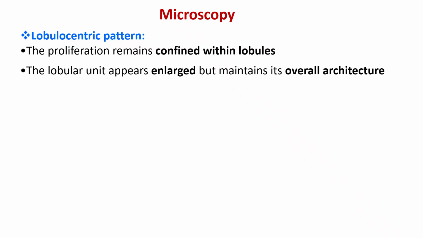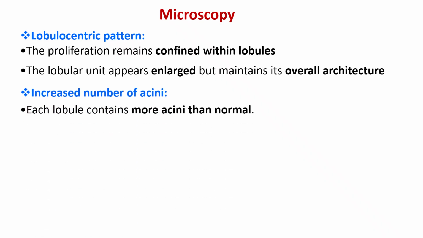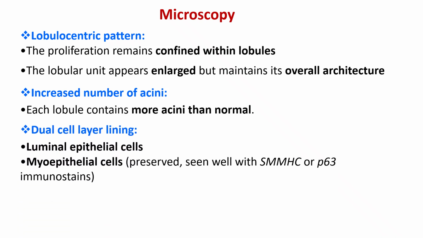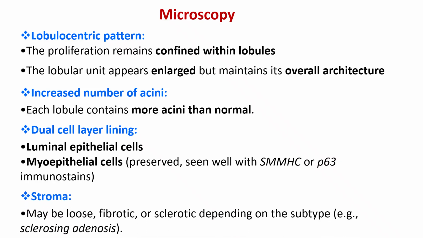That means the proliferation remains confined within the lobules and the lobular unit appears enlarged and it maintains its overall architecture, and there is increased number of acini, because of which the lobule contains more acini than normal, and there is dual cell layer lining consisting of luminal epithelial cells, myoepithelial cells, which are preserved and demonstrated with smooth muscle myosin heavy chain or P63 immunostains, and the stroma may be loose, fibrotic or sclerotic depending upon the subtype, like in sclerosing adenosis, and we can see calcifications also in case of adenosis.